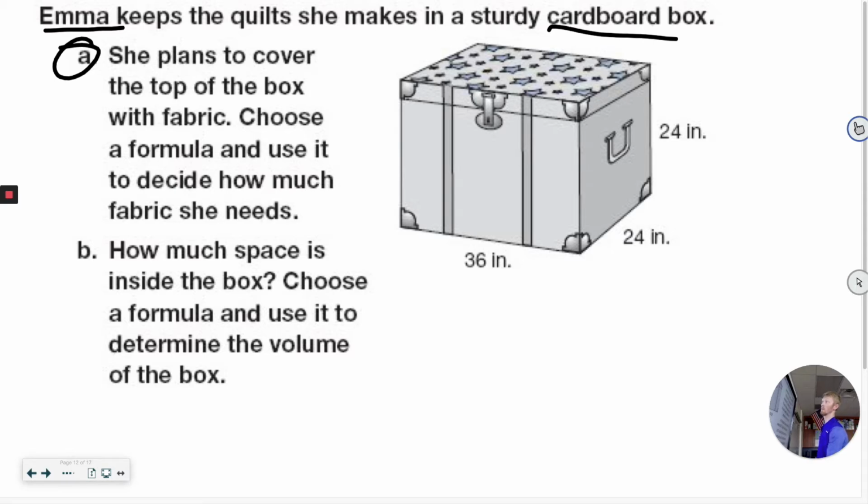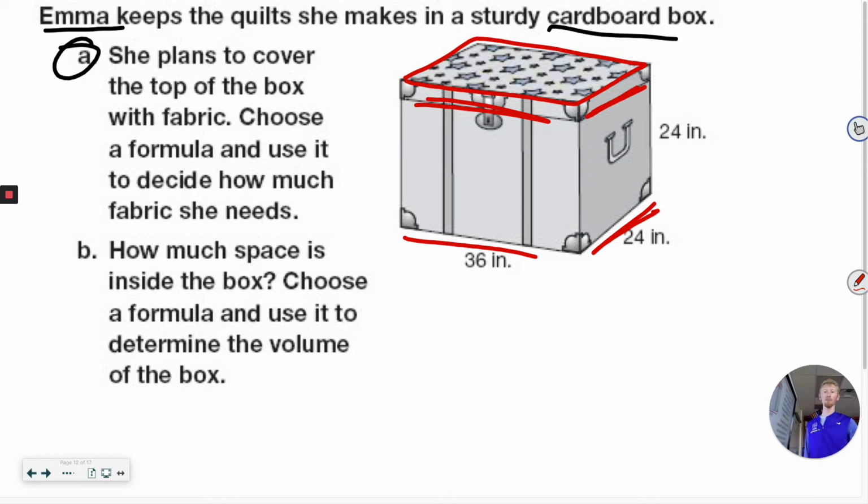So if I look, I can see the top of this box here is covered in those stars of fabric. So if I need to find how much fabric she needs, that's only two dimensions. You have the length and you have the width. So if it's 36 inches down here, it's going to be 36 inches up here as well. 24 inches down here, 24 inches here as well.